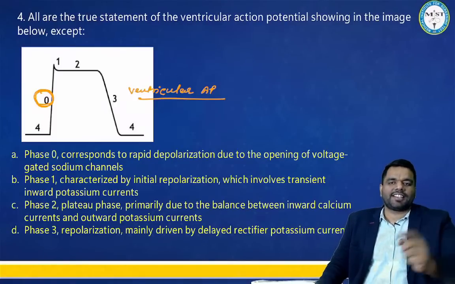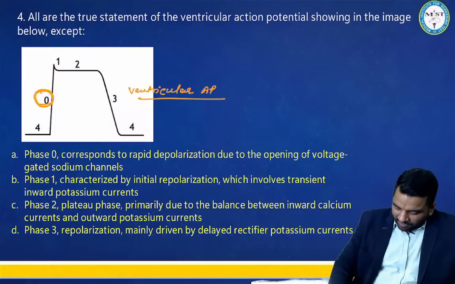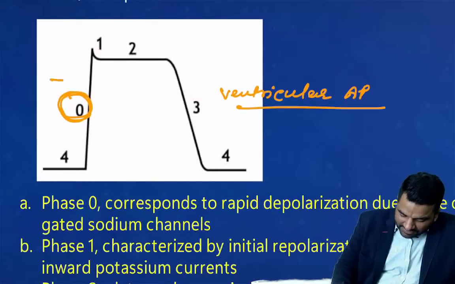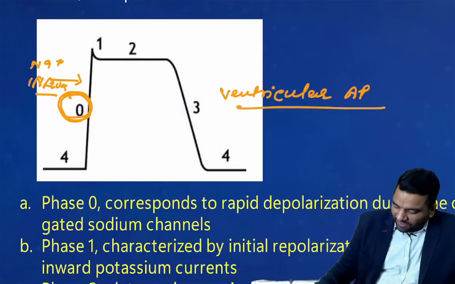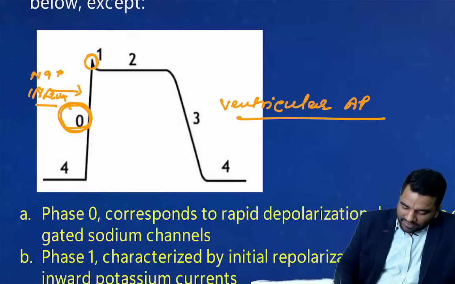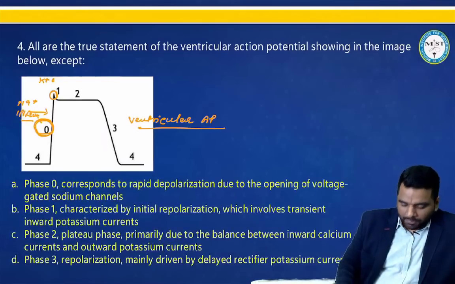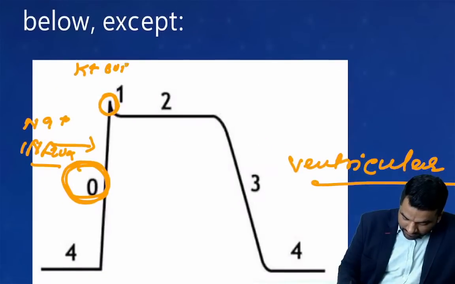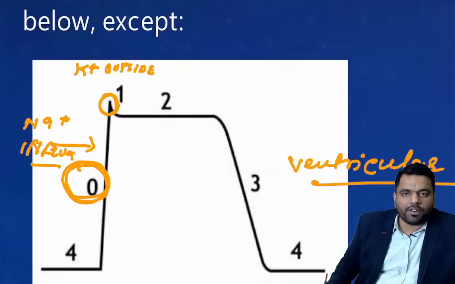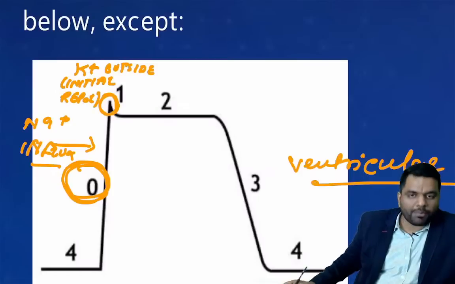So the question is asking all are true statements except. Option A: in this phase basically the sodium influx will be there. In phase 1, potassium will start moving outside, so this is the initial repolarization phase.